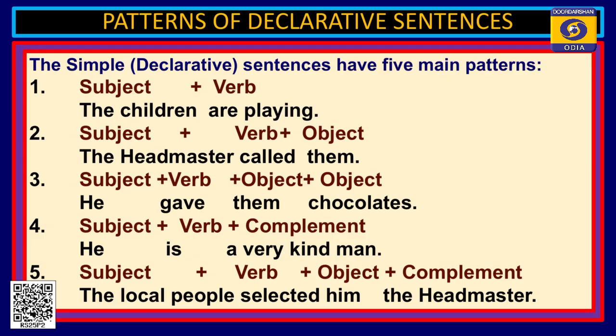In English, whenever we use a sentence, we must have one of these 5 structures: subject plus verb, subject plus verb plus object, subject plus verb plus object plus object, subject plus verb plus complement, subject plus verb plus object plus complement.